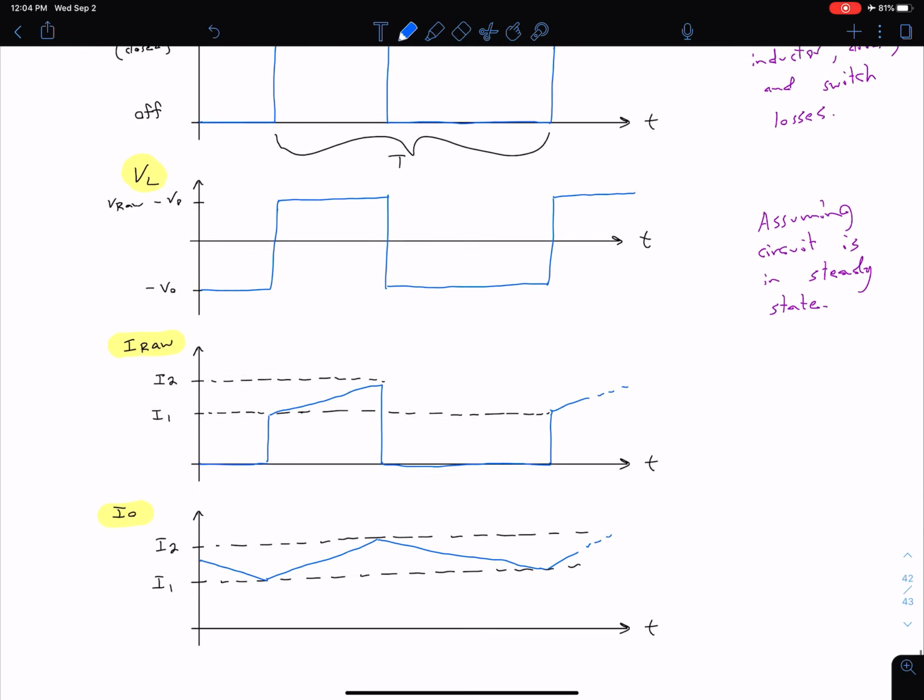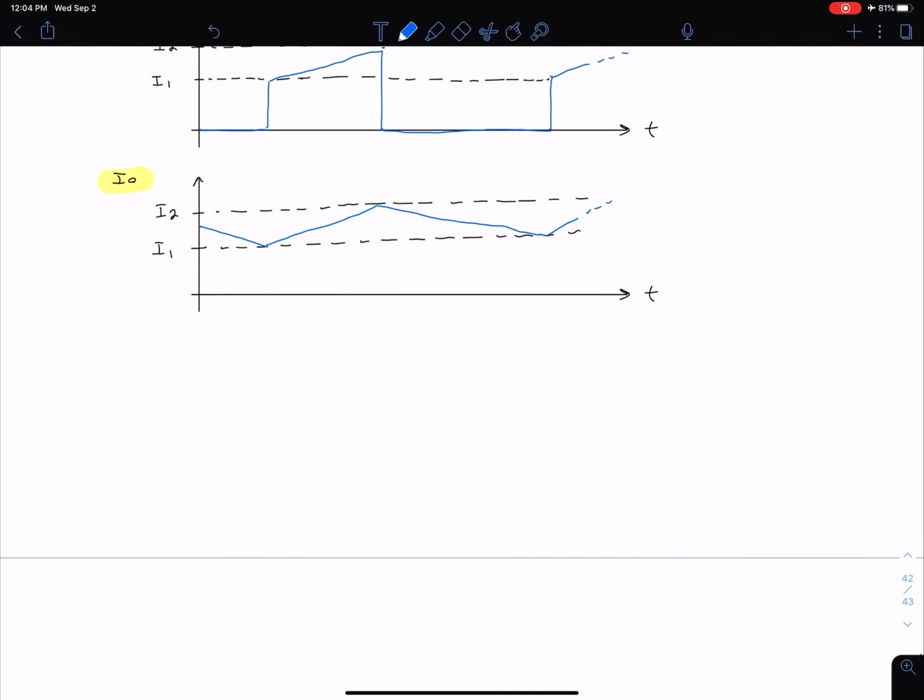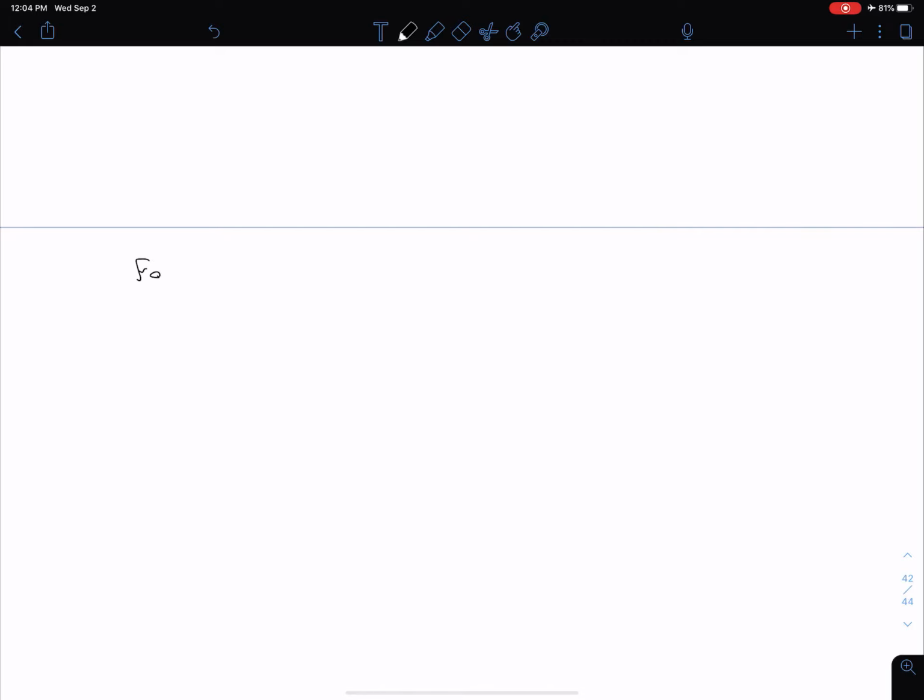So now let's look at how we can describe that with some equations. If we're talking about a single period, we can talk about the input power and the output power. So for a single period, which we defined above as being T, we have power absorbed by the circuit.